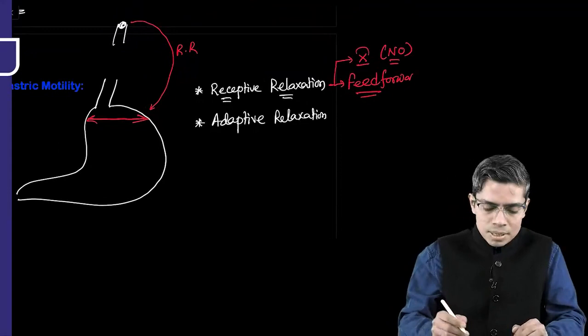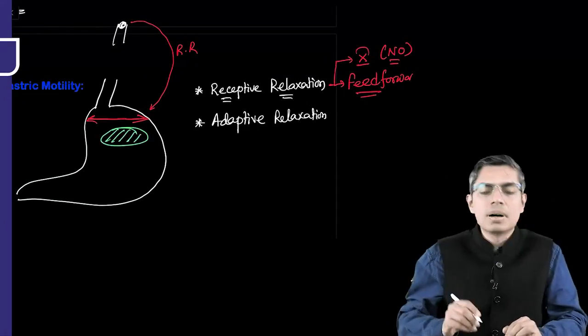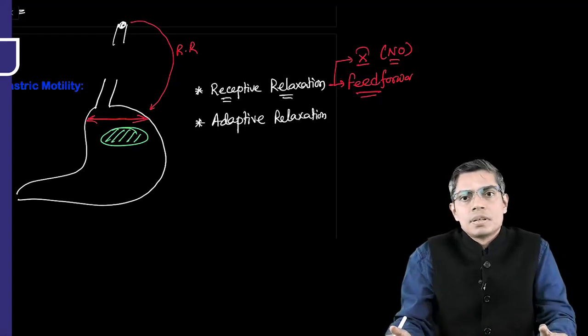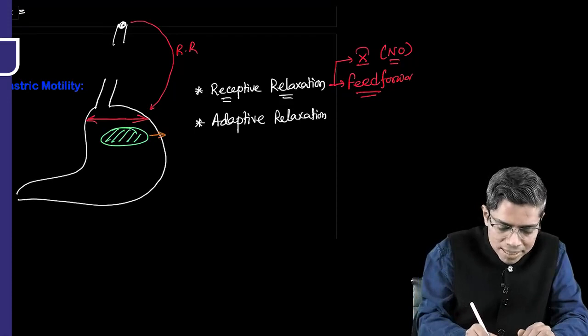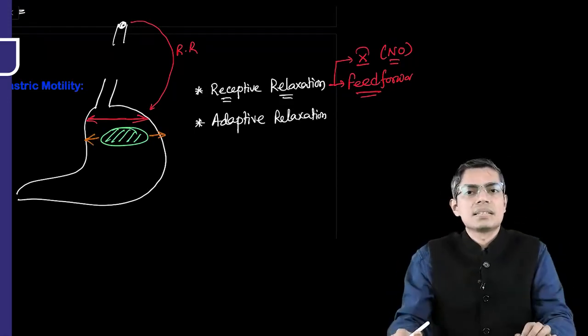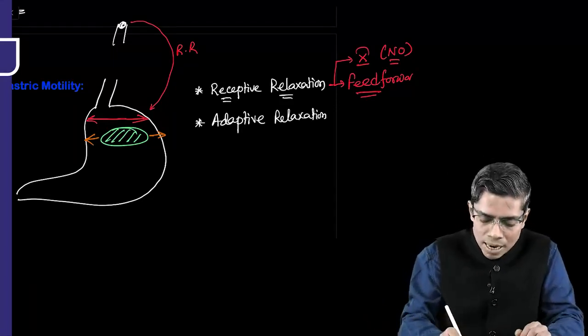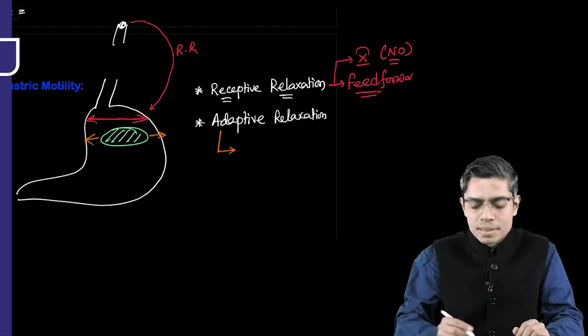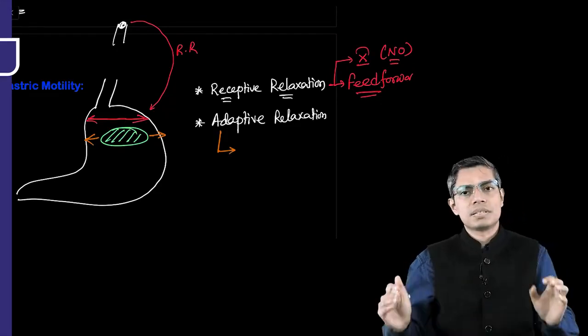Now, suppose the food particle has already entered the upper part of the stomach. Again the stomach will dilate to accommodate the food particle that has already entered. In presence of the food particle, the stomach relaxes to adapt to the food bolus. This is known as adaptive relaxation of the stomach.